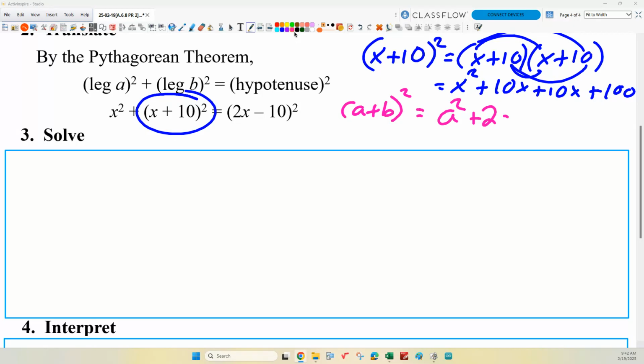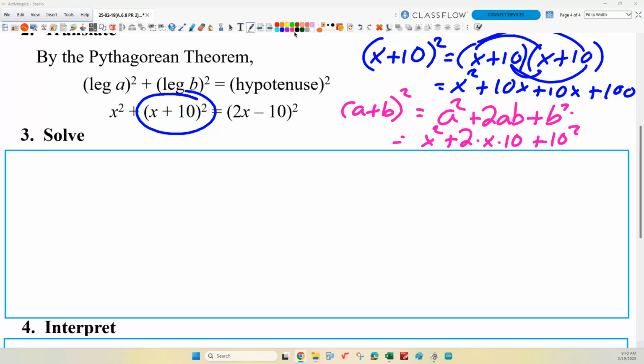A squared plus 2ab plus b squared. Now, our a is x and our b is 10, right? In this case. Agreed? If we use this pattern, then wouldn't that just give us x squared plus 2 times x times 10 plus 10 squared? Either way, I'm going to get 20x in the middle.